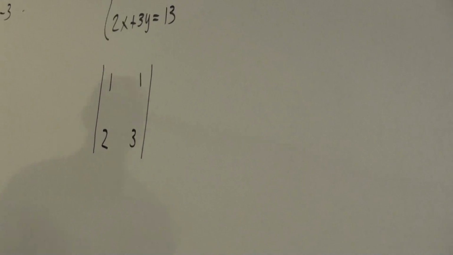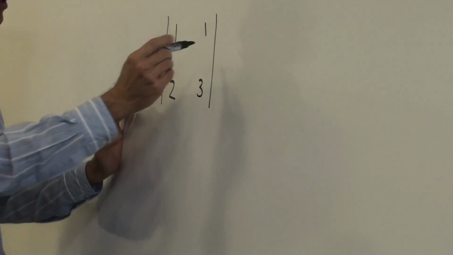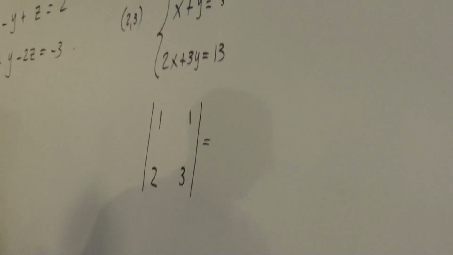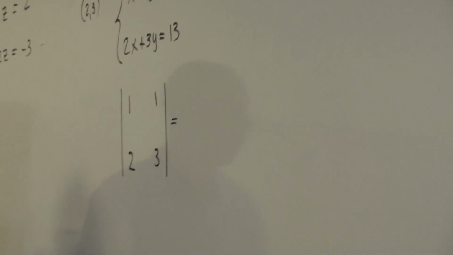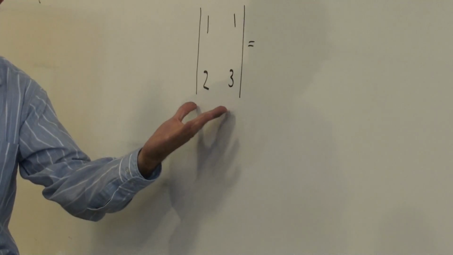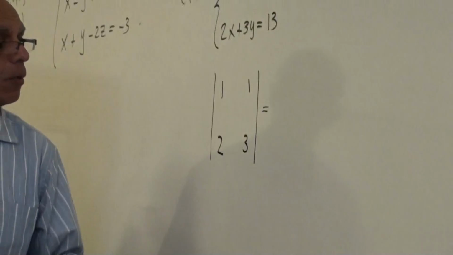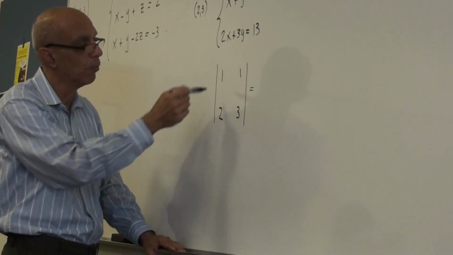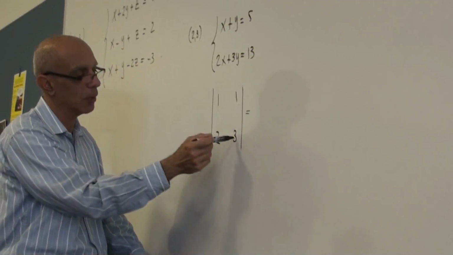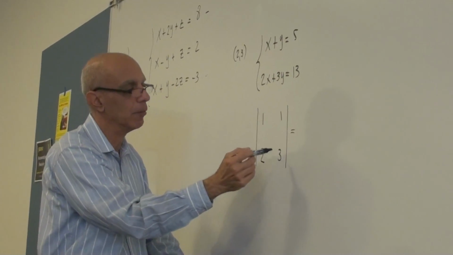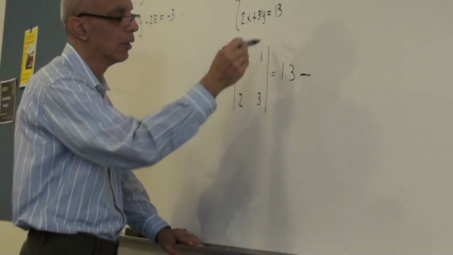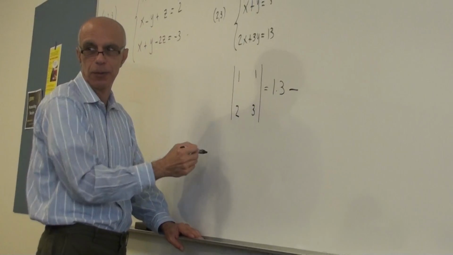Okay? Once you have the matrix, you have to calculate what is called the determinant of the matrix. The determinant is a number that characterizes this array of numbers. To calculate the determinant, you have to multiply this number with this one, the diagonals. 1 times 3, and then you subtract the product of the other diagonal, okay?